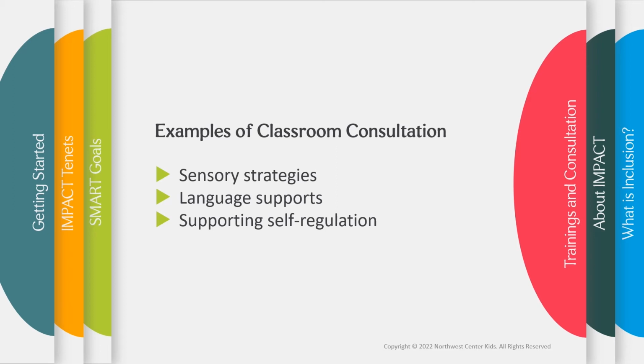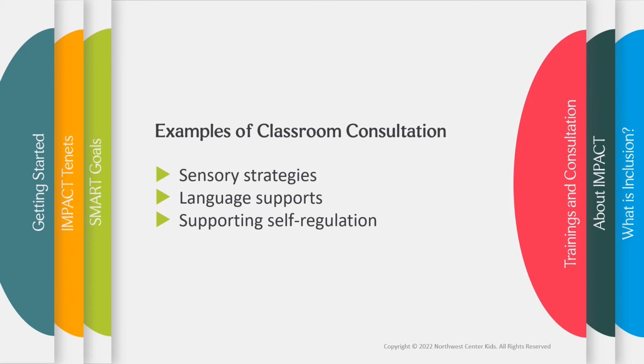So what does Impact consultation look like? Here are some examples of things our inclusion consultants do in classroom consultation. We can help you to understand the sensory needs of your students and how to use sensory strategies to reduce challenging behaviors. We coach on the use of language strategies such as signs, gestures, and visuals to support communication in the classroom.